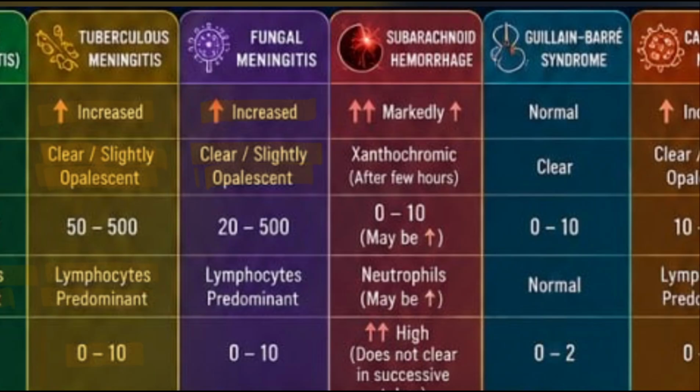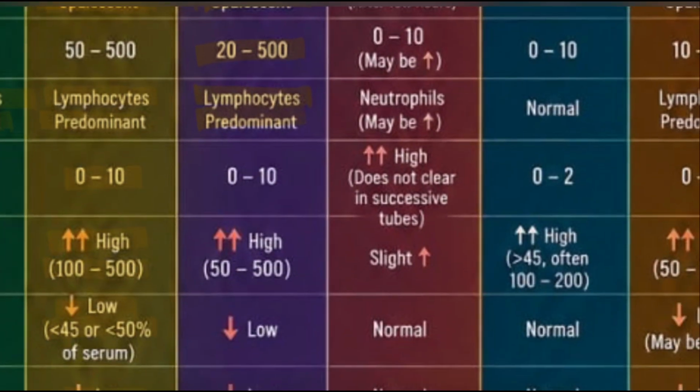The WBC will be 20 to 500. Along with that, the lymphocytes increase, the same as TB. The RBC is also 0 to 10. The glucose will reduce.